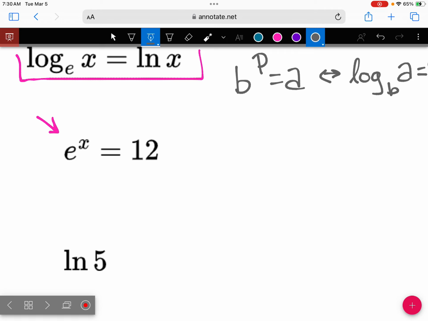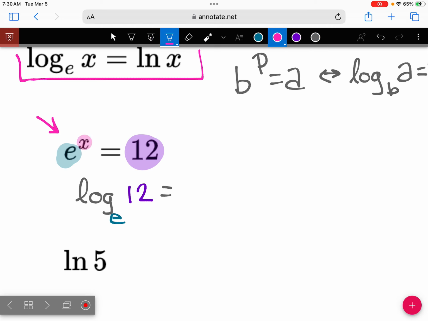So when we rewrite this, we have a base of e. So we're going to have log base e of my argument, which is 12. And it equals whatever that power is, which is x.